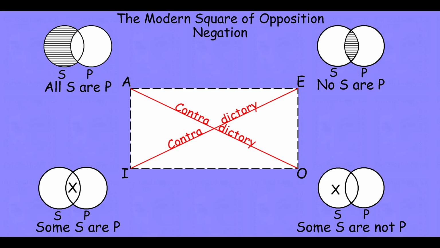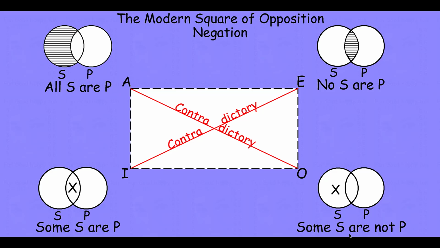So how do I draw a diagram to indicate what has to be true out in the world? If it's the case that the statement all S are P is false, I make sure that area can't be empty. Same thing in the other direction. Some S are not P, there's at least one thing. It's an S, it's not a P. That's how I make this true. If I have a premise or a conclusion that says it's false that some S are not P, then I go to my contradictory diagram.